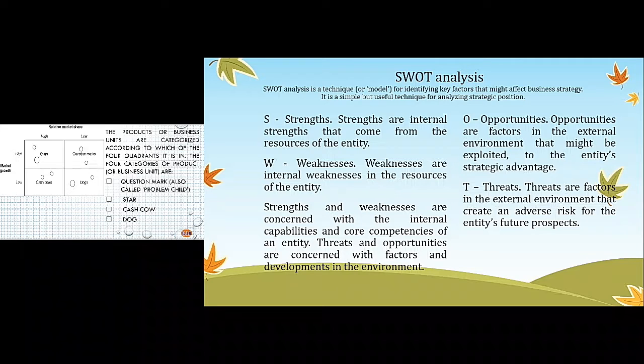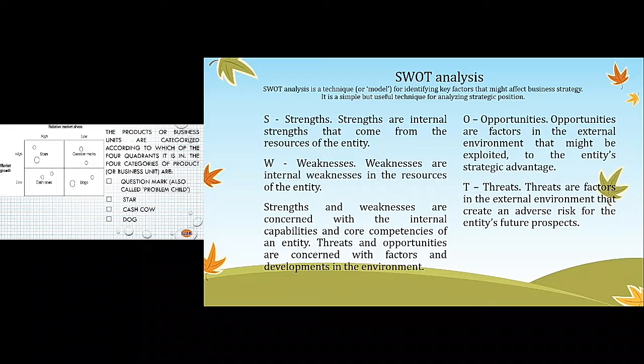SWOT analysis is a technique for identifying key factors that might affect business strategy, the key factors that may affect our strategy, that is our competitiveness. Of course, SWOT analysis is a very simple tool, but at the same time it is effective.